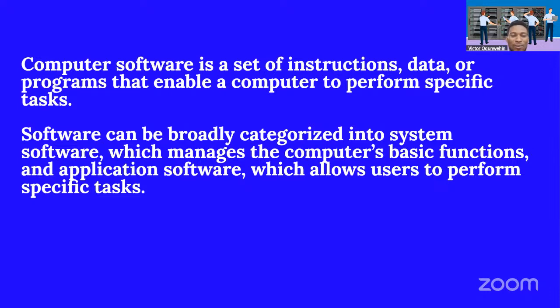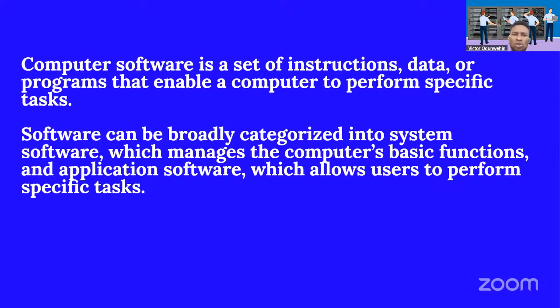Now, when the computer has booted, if you click an application, say a Windows application, and you want to install it on a MacBook, it will not allow it. Why? Because of system software. When I say application software, that is the software a user uses.